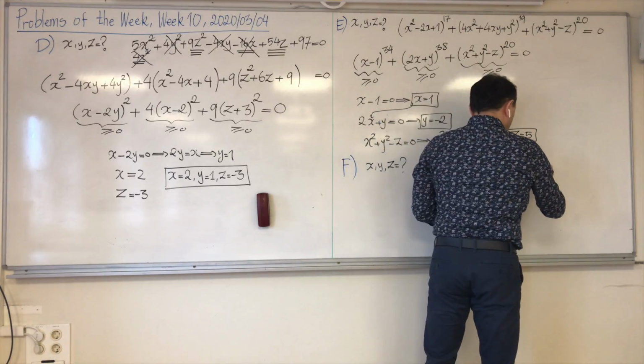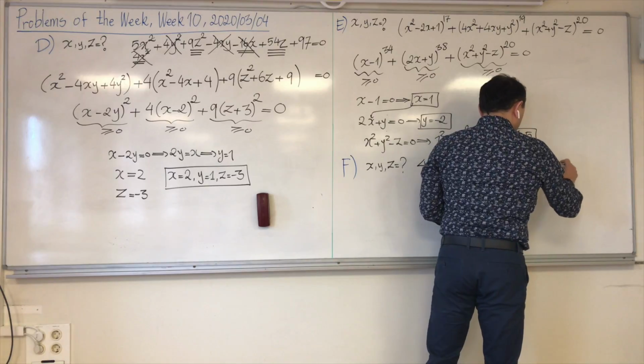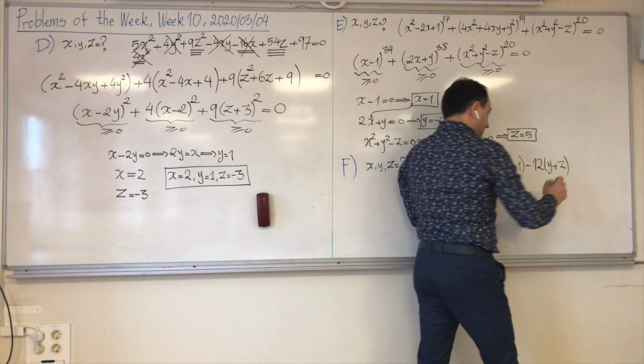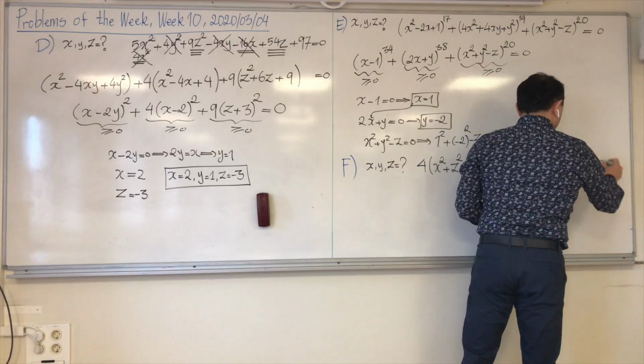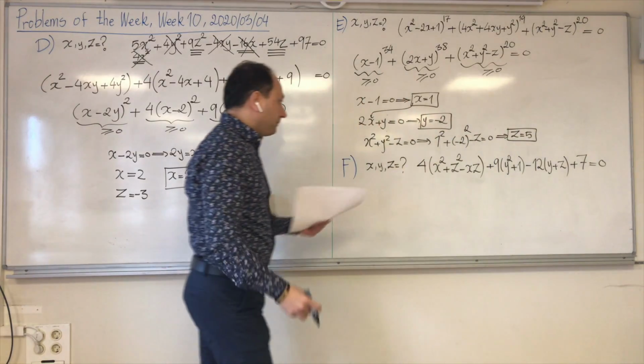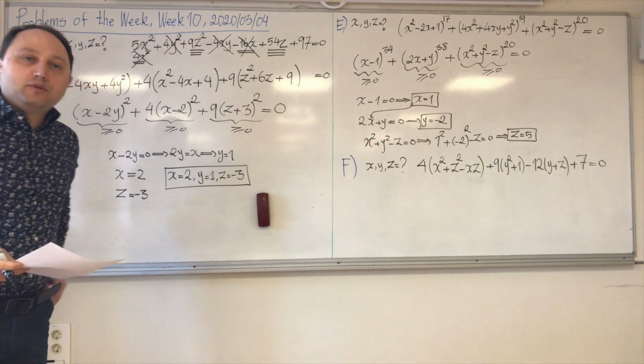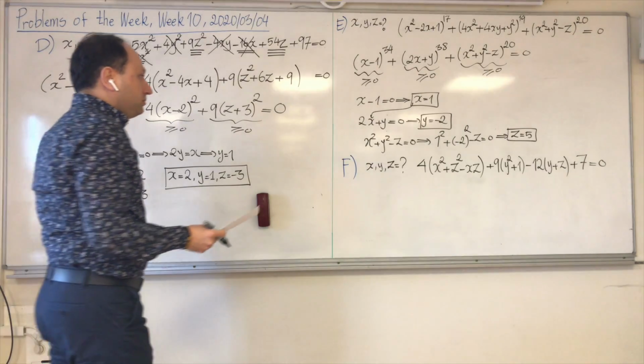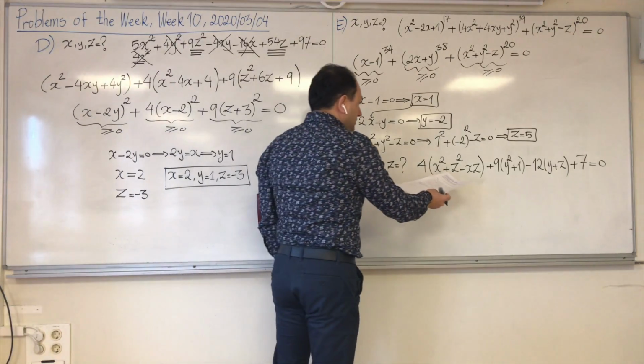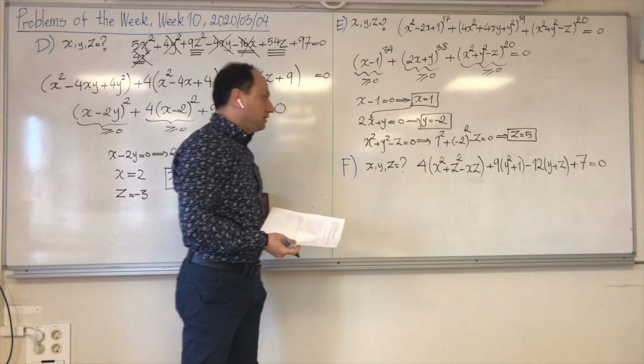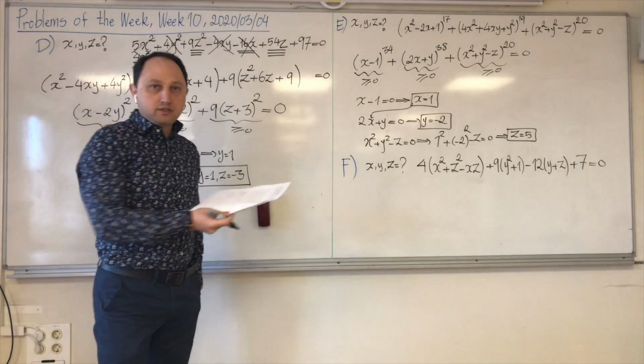Then I have minus 12y plus z. And finally, I have plus 7 equals to 0. Okay, of course, the strategies are all the same, but you need to practice to be comfortable with these kind of tricks.